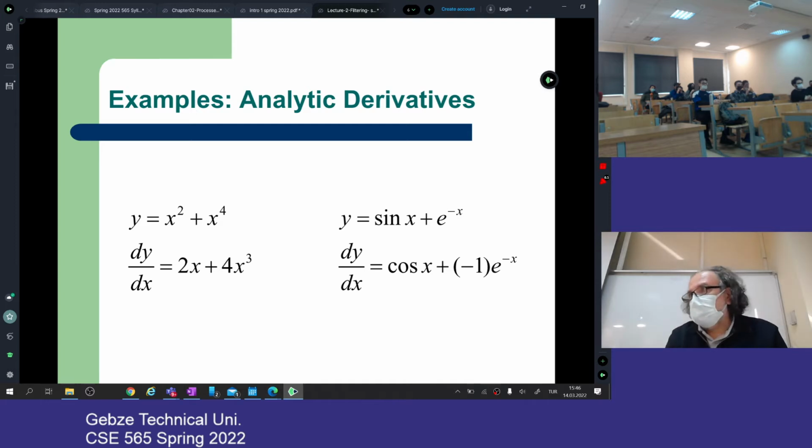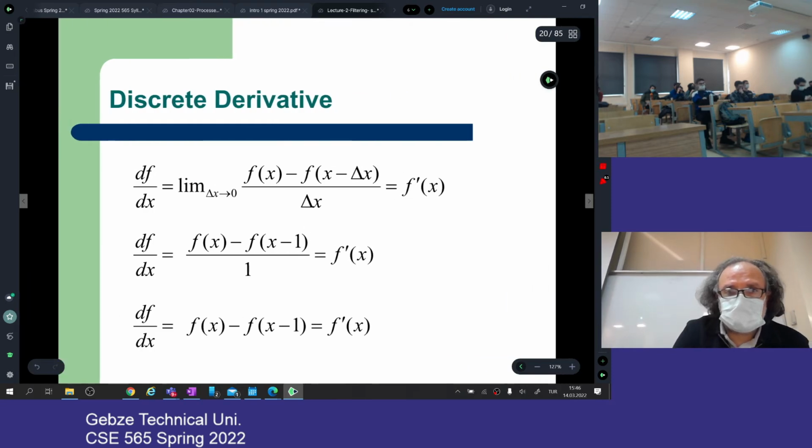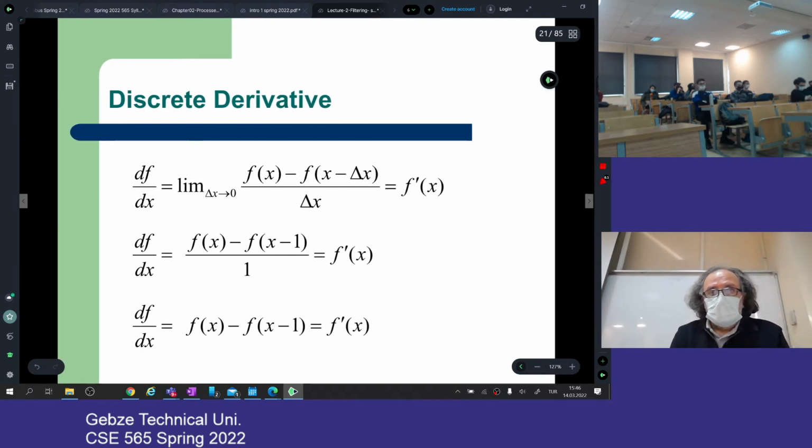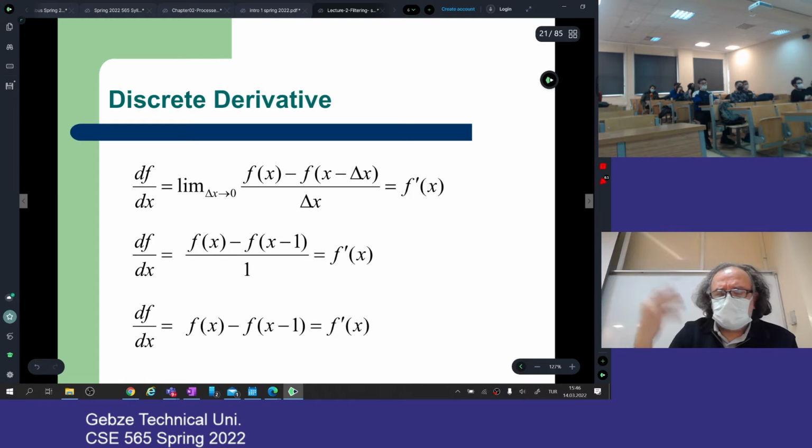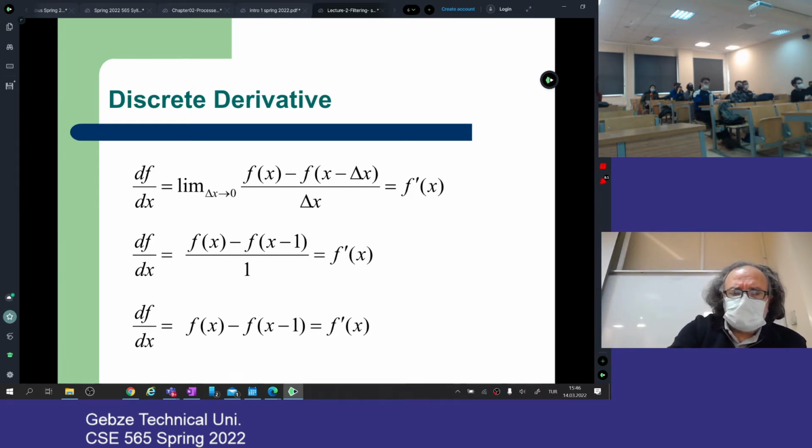These are some derivatives that we know from calculus, but again, our images are not like this. Our images are discrete values in both x and y dimensions. So the discrete derivatives are taken this way. There are a few ways of doing it. This is a very crude approximation. For delta x, I use 1.